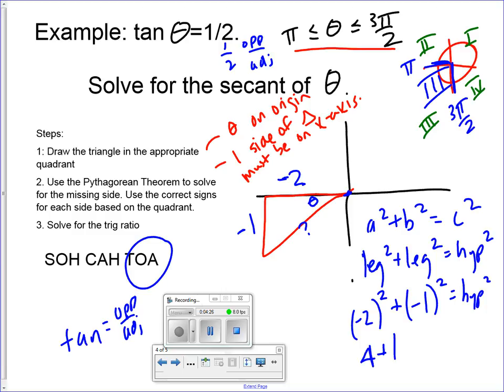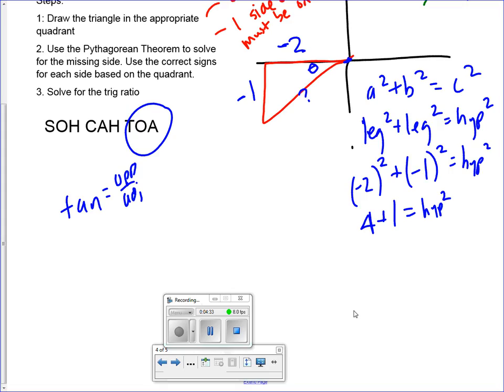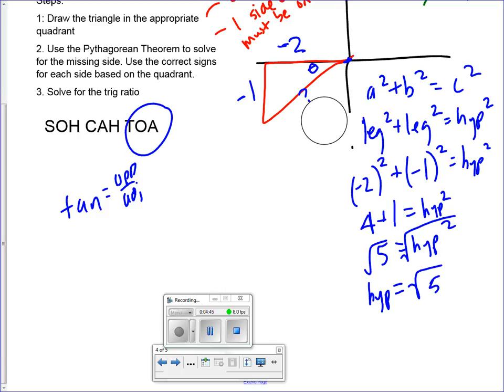So 4 plus 1 equals the hypotenuse squared. That's 5. If I take the square root on both sides, the length of the hypotenuse is the square root of 5. Because that's a distance back to 0, it's always going to be positive. Your hypotenuse is always positive. It's only the legs that have signs. So that was step 2. We figured out that the hypotenuse is the square root of 5.